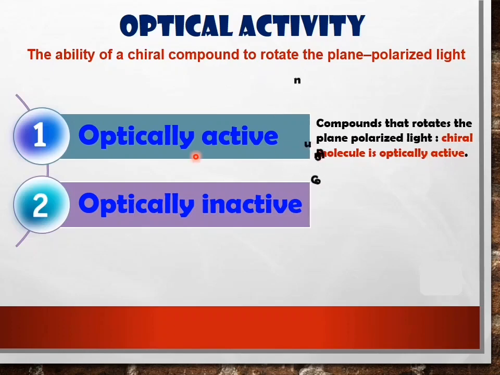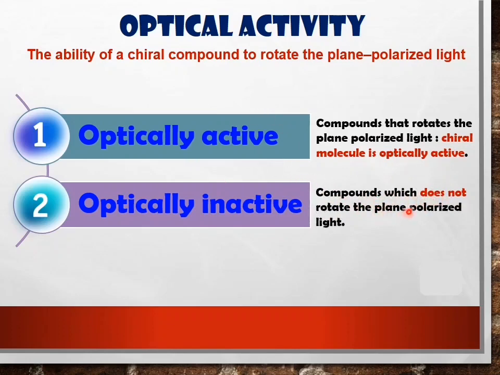Second, optically inactive compounds do not rotate plane polarized light, meaning that the compound does not contain a chiral carbon. So that's the difference between optically active and optically inactive.